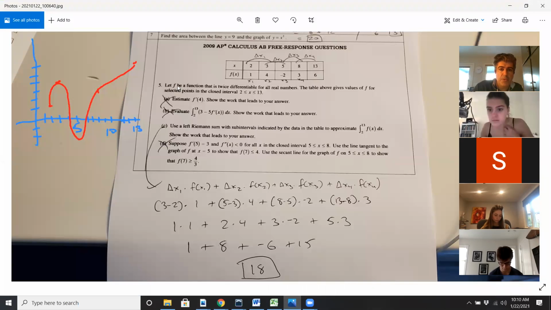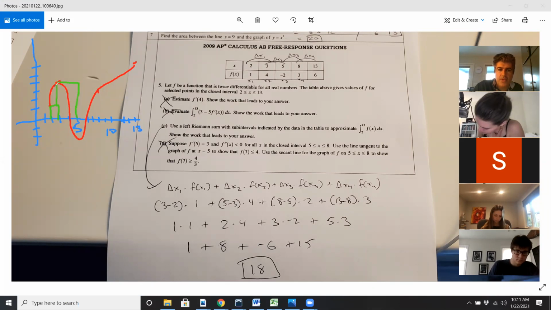The first one is going to run from 2 to 3. And it's a left Riemann sum, so you have to have the left corner touching. The next one is going to run from 3 to 5. So again, it's the left corner touching.